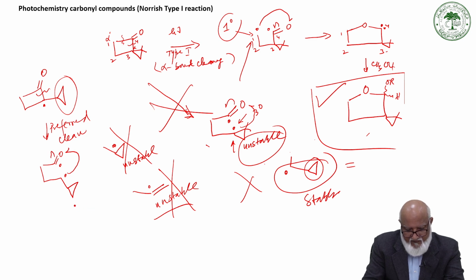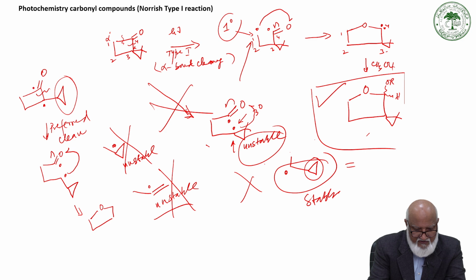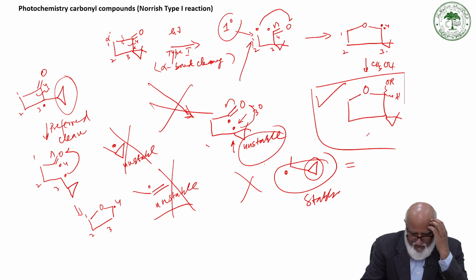So we can have a part of the ring, and let us number it 1, 2, 3 and 4. There is a cyclopropyl ring on the 4th carbon.